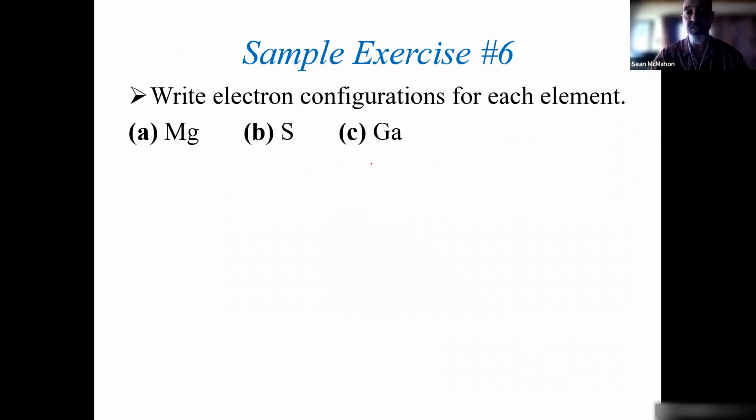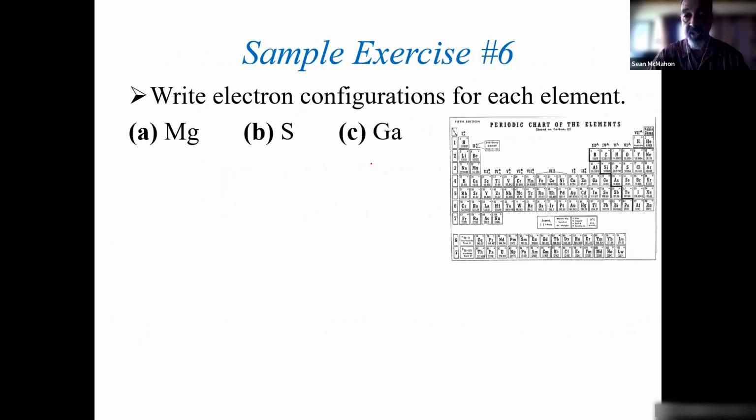So can we write electron configurations for other elements? Okay, let's try it. If I look at the periodic table, for magnesium, how do I get 1s2, 2s2, 2p6, 3s2? So magnesium is here. The last electron is in the 3rd energy level. This is my S sublevel, and it's in position 1, 2.